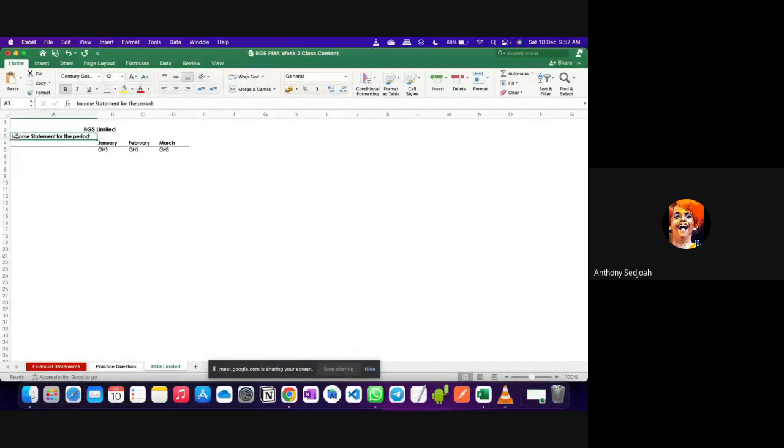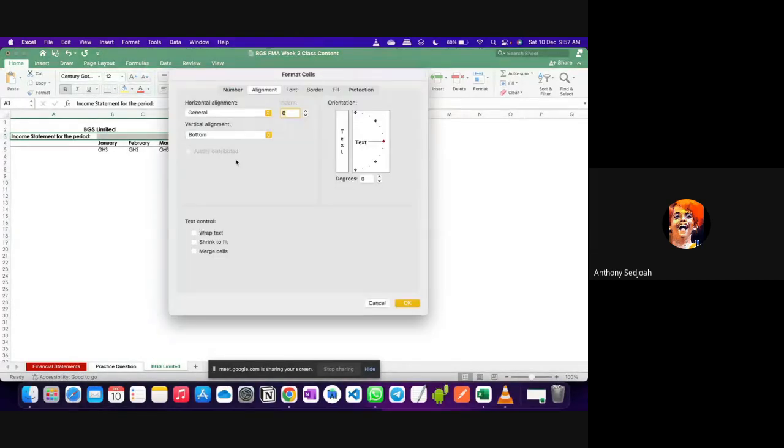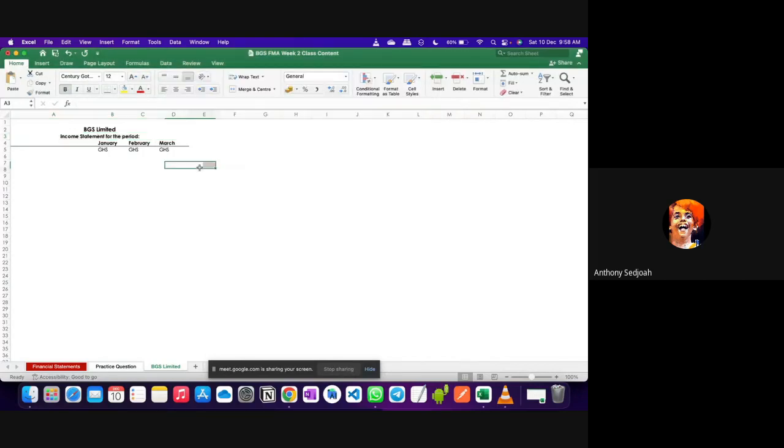Okay. Let me center align the title of the financial statement as well. And then if you remember last week, I told you guys about the inbuilt cell formatting styles. If you want, you can apply that as well.